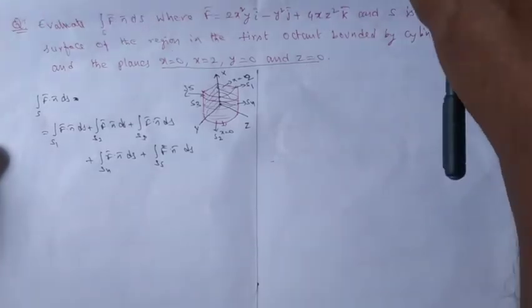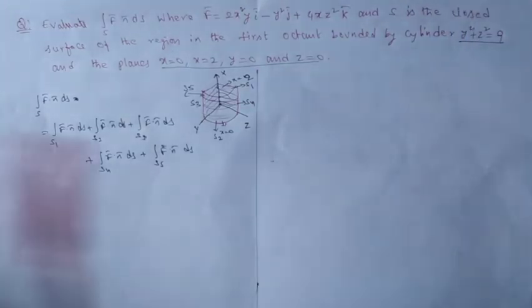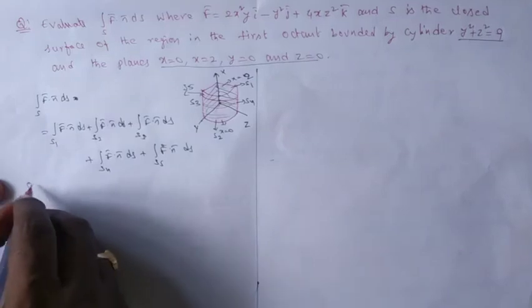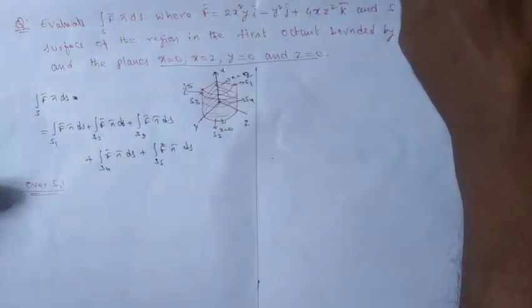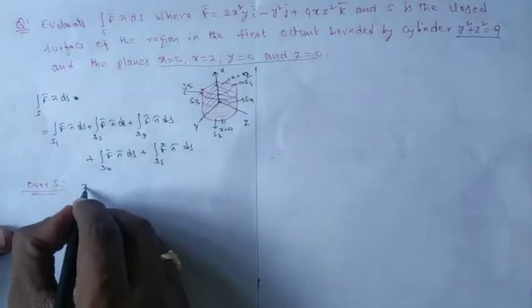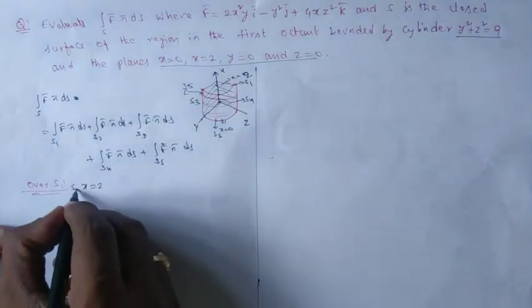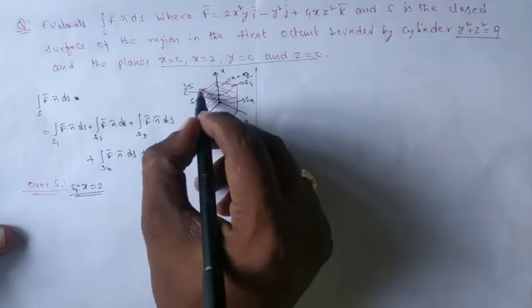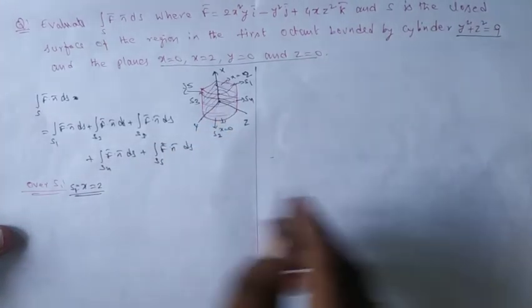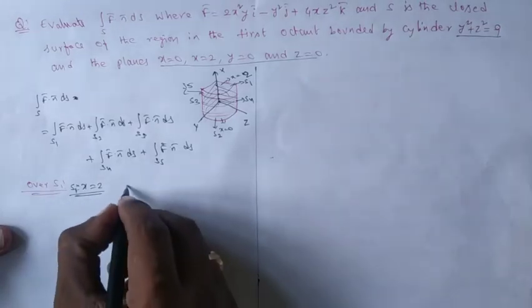So I may take here the evaluation of the integration on the surface S1. So what is S1? This S1 is x equal to 2. On this surface, what is F bar dot n bar? What is n bar here?